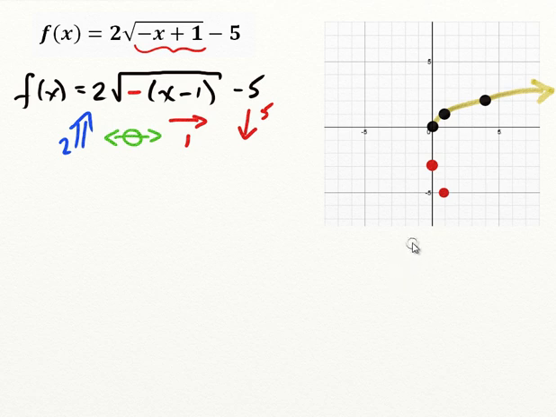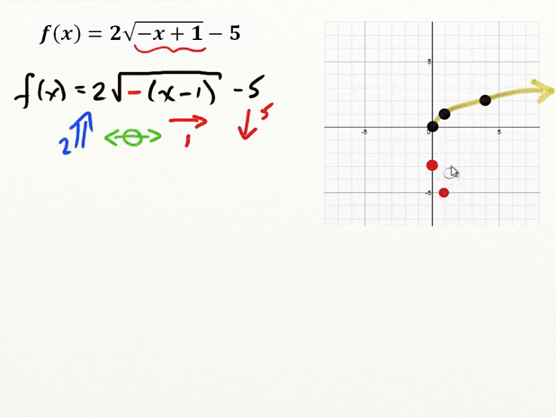Okay, well, how do we get the third point? Well, pretty easy. If I consider back from the anchor point that I went up 1, 2, and then over 1, 2, 3, 4, from this anchor point, instead of going up 2, I'm going to go up 4 because of that vertical stretch.